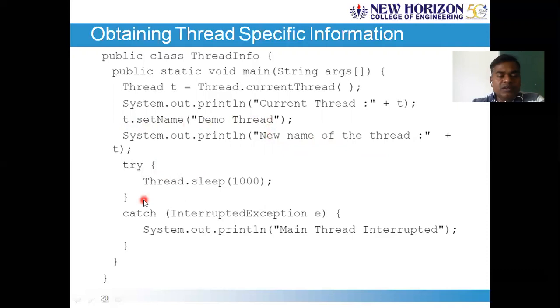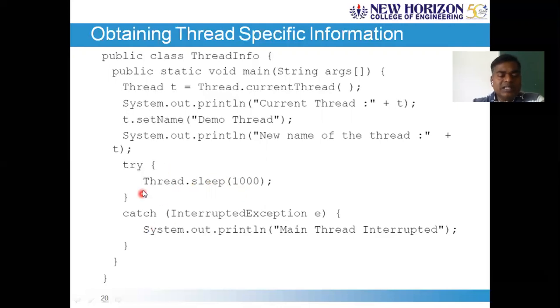And further you can make the main thread sleep for 1000 milliseconds, sorry, 1000 milliseconds. Thread dot sleep, as I told, sleep is a built-in function defined in the thread class, and it makes a thread sleep for 1000 milliseconds.